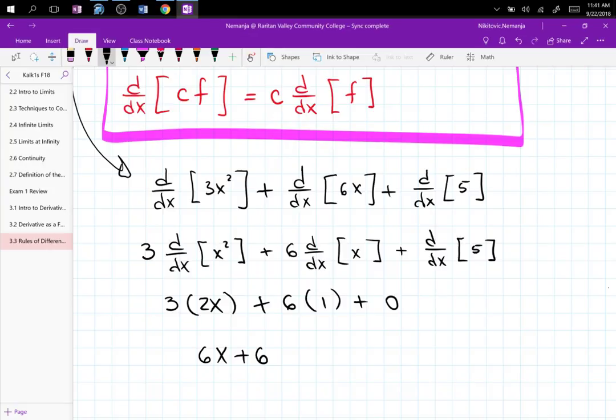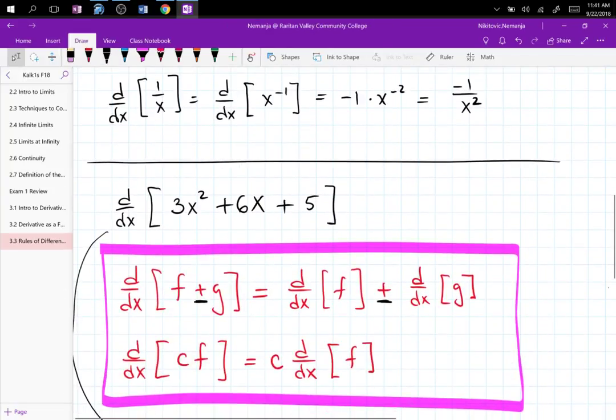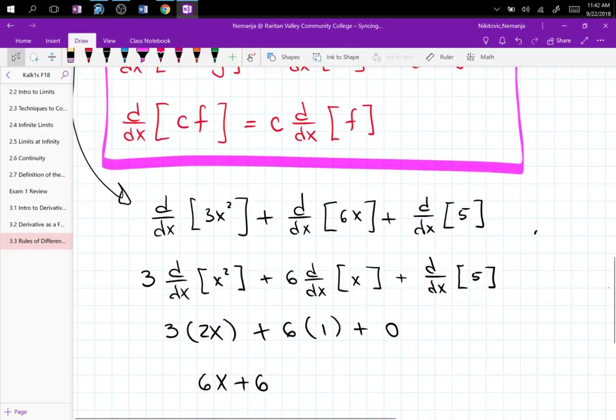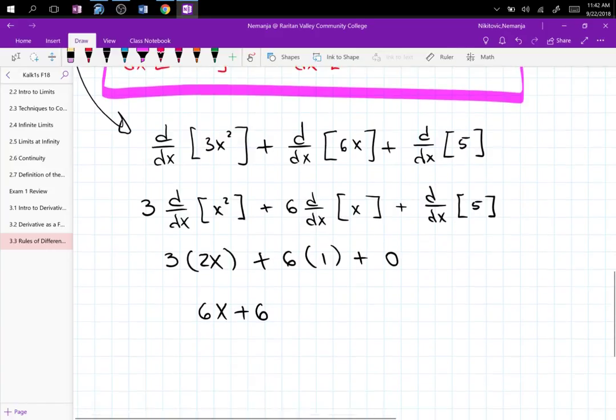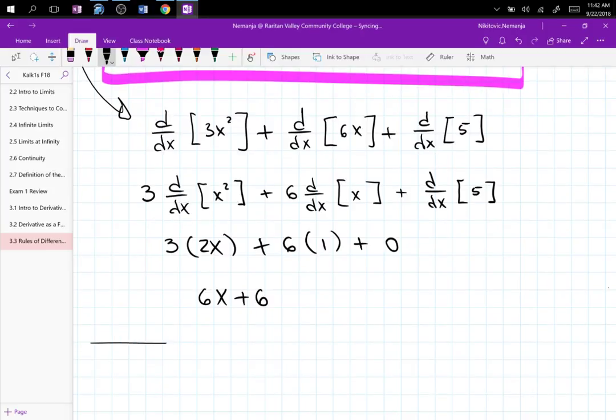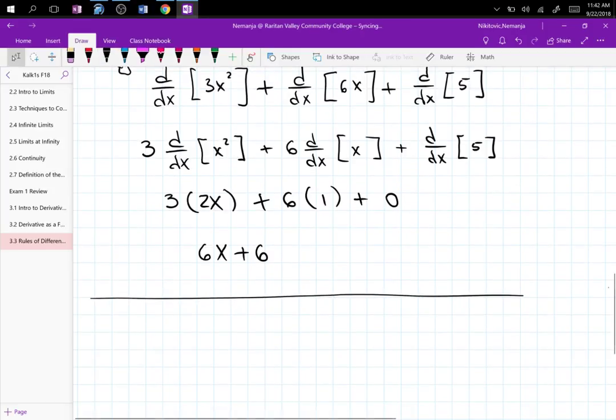Now, within a week, you will go immediately from the problem to 6x plus 6. Because you will say, oh, 3 times 2 is 6, and then x goes away, and 5 is 0. Right? So on the first homework, you will be done with that. You will never write all these steps because they are completely unnecessary. But in this case, they illustrate what's happening. So let me talk more about that shortcut.